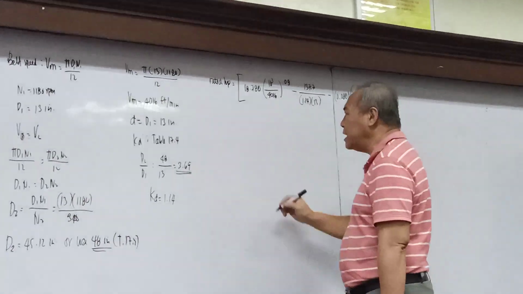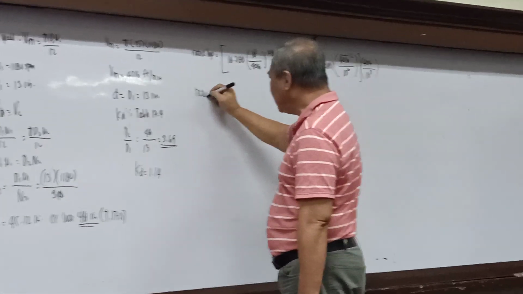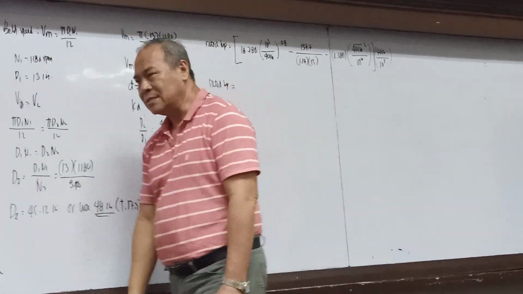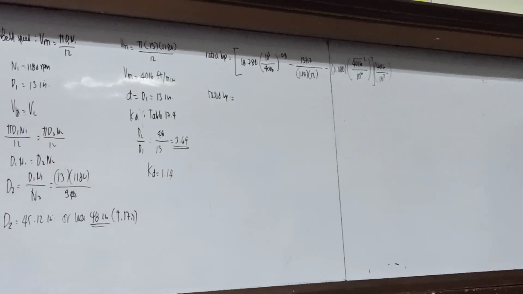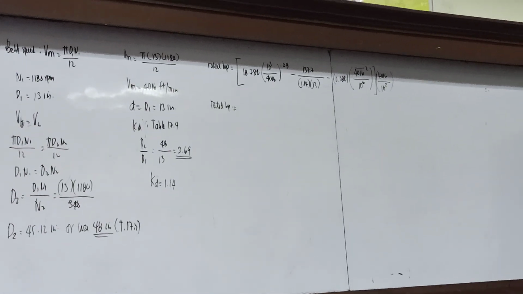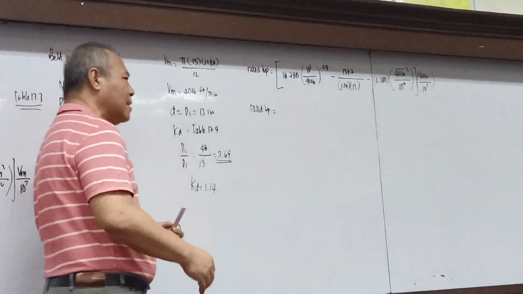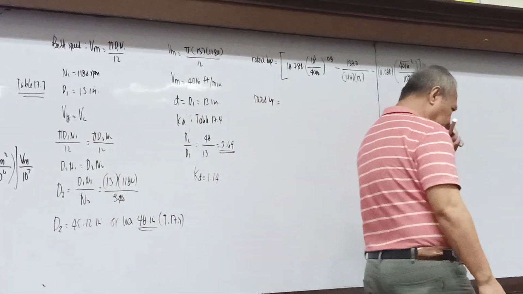So we have that. What will be the rated horsepower? Ingat lang sa pag-compute niyan, kasi baka may magkamali sa data. Medyo mahaba siya. So what will be your rated horsepower?